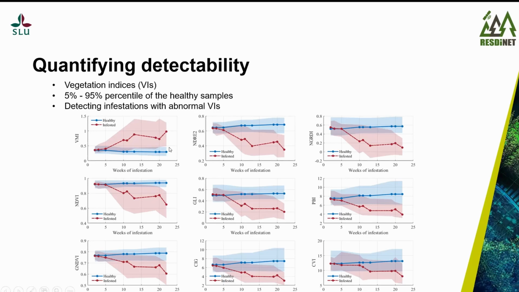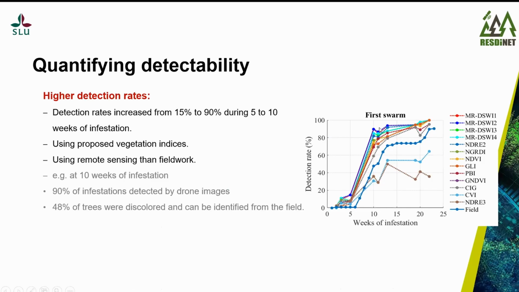Then we compare the detectability between different vegetation indices. The most important information is from this figure. One tree experienced different weeks of infestation, and it shows how the detection rate increased according to the infestation phase.